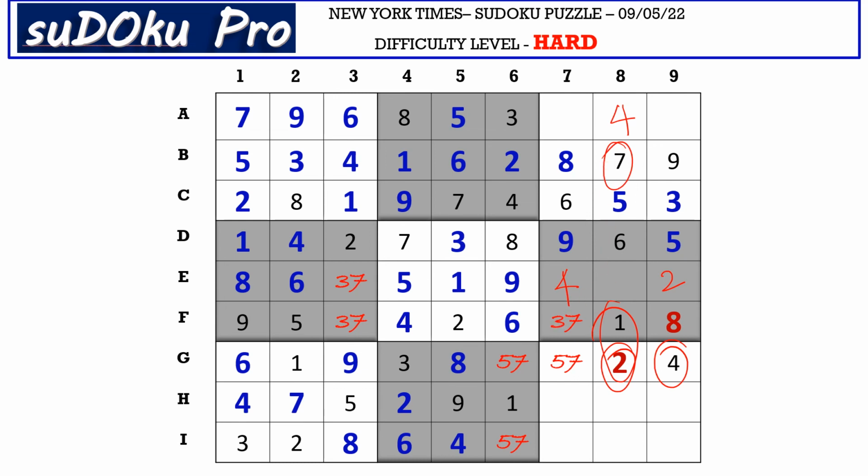So let's eliminate this 3, and the only missing number in this block is 3. Now this 3 gets cancelled out, and E3 takes 7, F3 takes 3. Now this 7 cancels out the 7 here, so G7 takes 5 and G6 takes 7 and I6 takes 5.